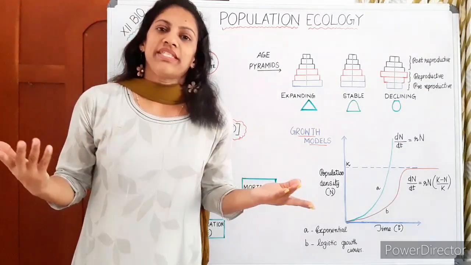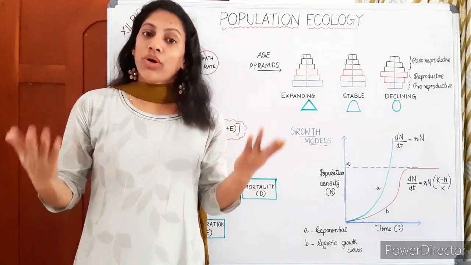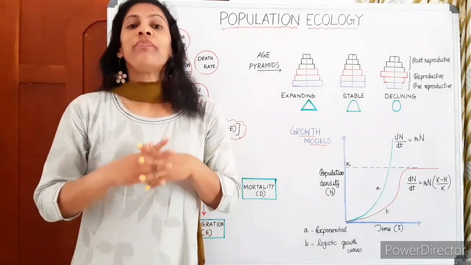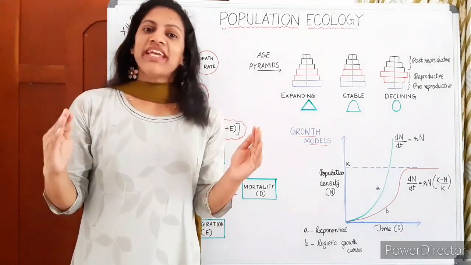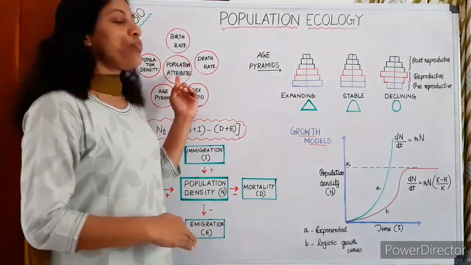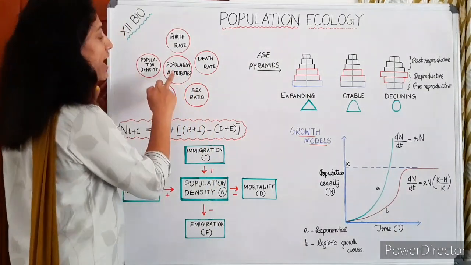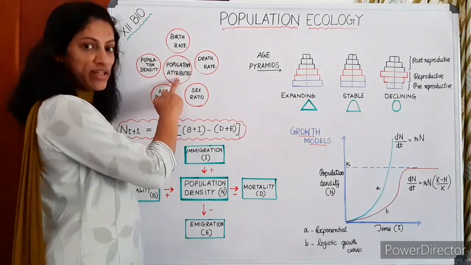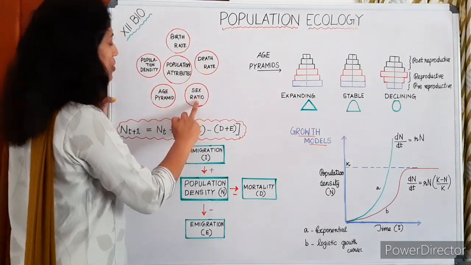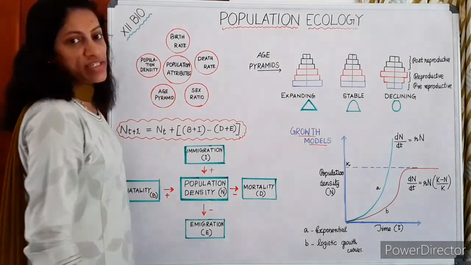A population has many characteristics. What are the characteristics of a population? The major characteristics of a population are discussed under population attributes. The population attributes include birth rate, death rate, sex ratio, age distribution and population density.